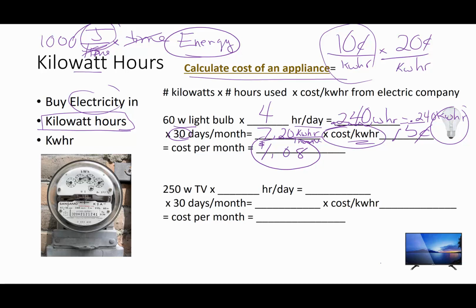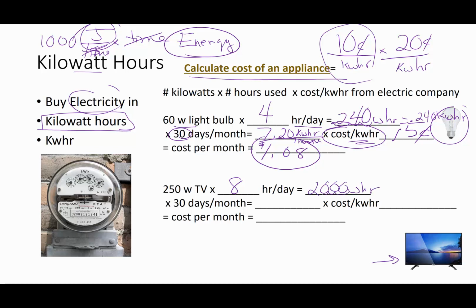Now let's say I've got a 250 watt TV, which is pretty average for a modern flat screen television. Now, if I run that for, let's say, 8 hours a day. Now you might go, holy buckets, Mary, that's a lot of television watching. Yeah, but I know a lot of people who just leave it on most of the day. So if I go 250 watts times 8 hours per day, that's going to be 2,000 watt hours.